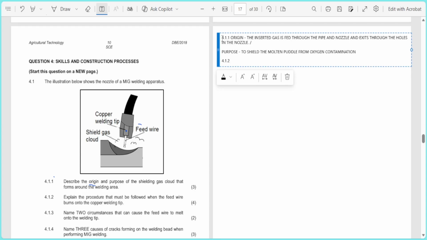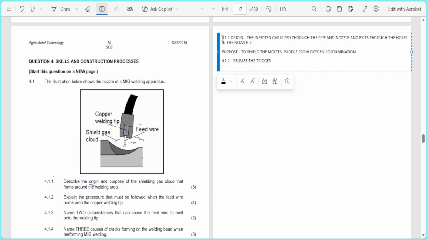This is a procedure that needs to be described. So first of all, what you should do is release the trigger. Let's start there. Release the trigger.